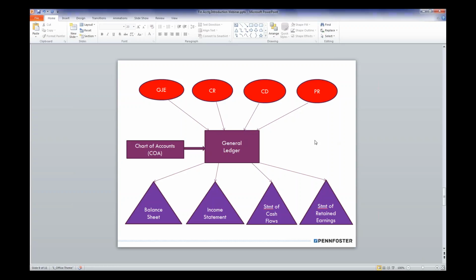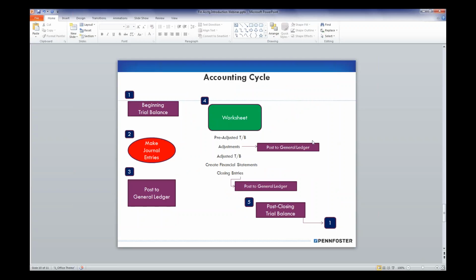Okay, so let's go down to the next slide. Let's talk about the accounting cycle. I explained what a trial balance was, which is nothing more than a listing of the ledger accounts and the balances in the accounts. The way the accounting cycle works, it's very circular.